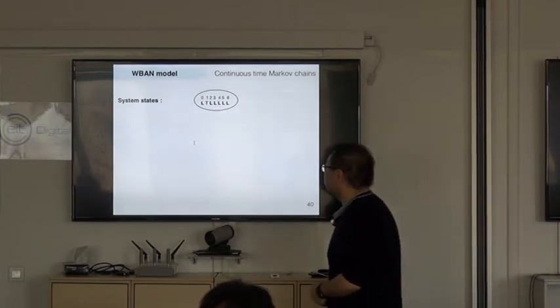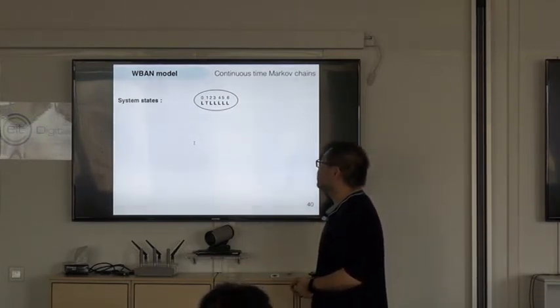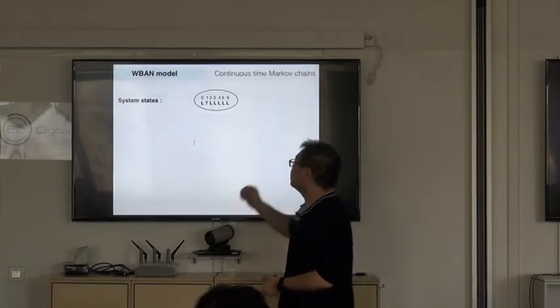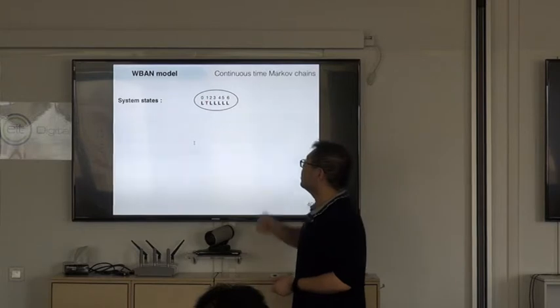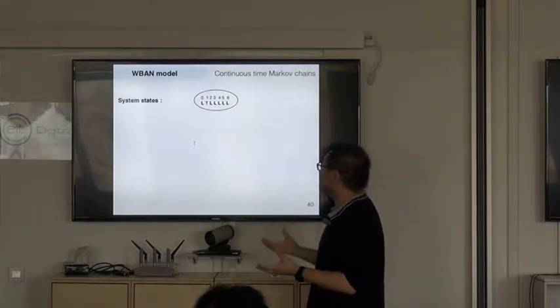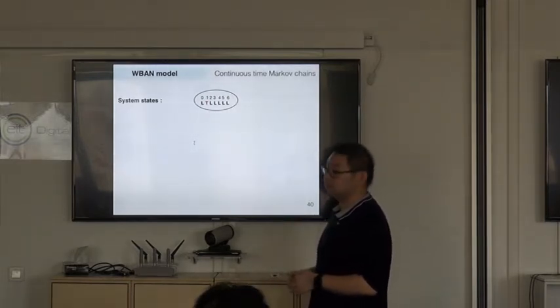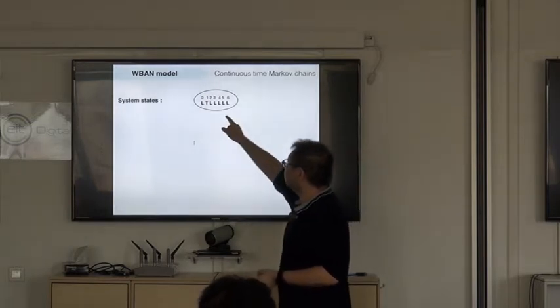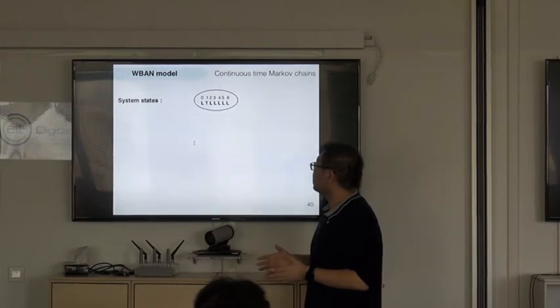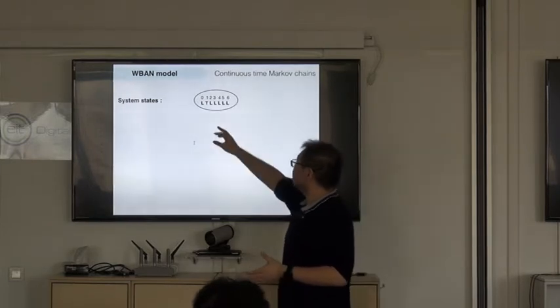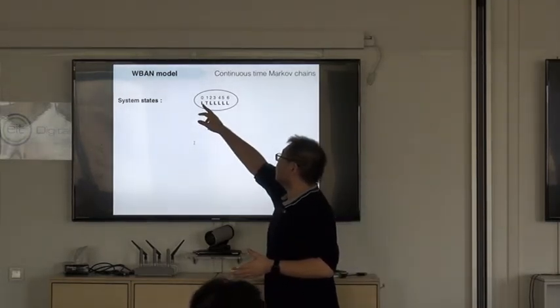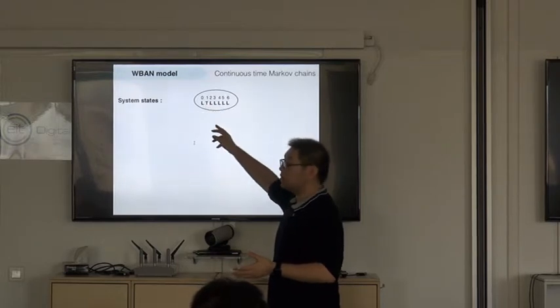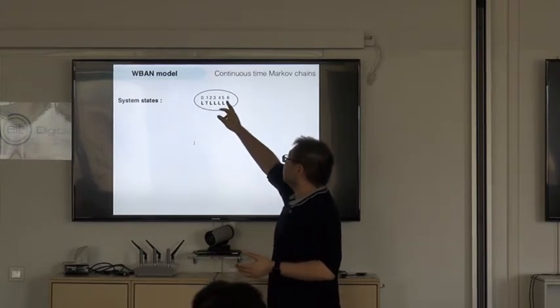After defining all the states a node could be in, we can begin to model the WBAN system by a continuous-time Markov chain. The system state is like this. It's a sequence of nodes in different states, with L, T, or R. And we have the lambdas for them.